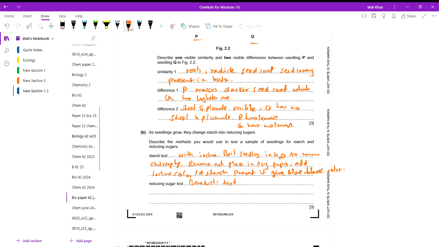Then reducing sugar test, Benedict test. Grind seedling, make solution, add Benedict reagent in about 10 ml of solution.